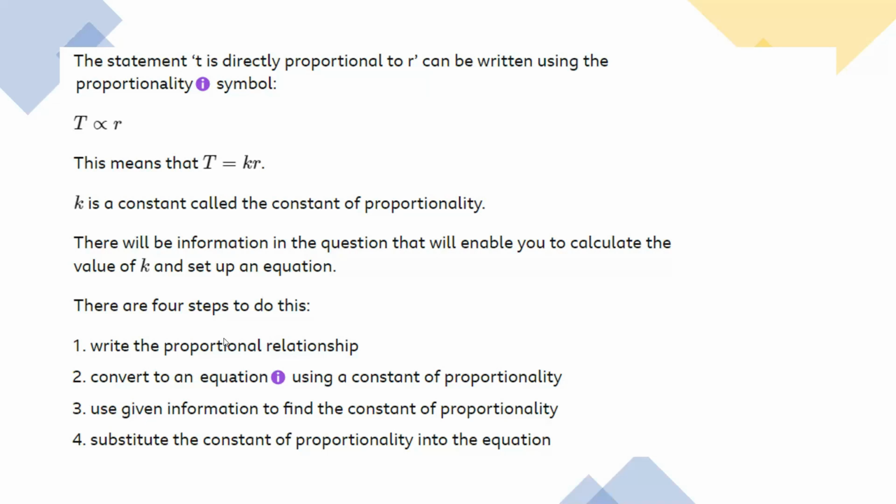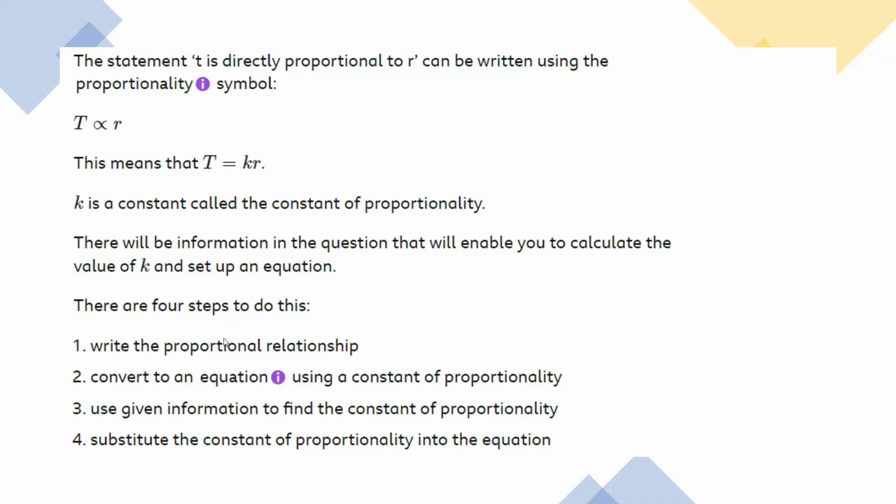If you look at the screen, you will find a statement: T is directly proportional to R, which can be written using the proportionality symbol that is shown. This is just an example we have taken, T and R. It can be anything.